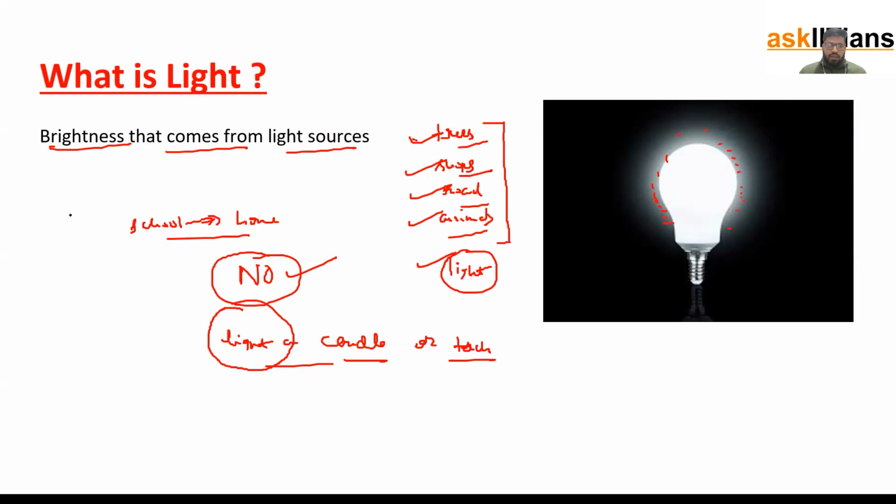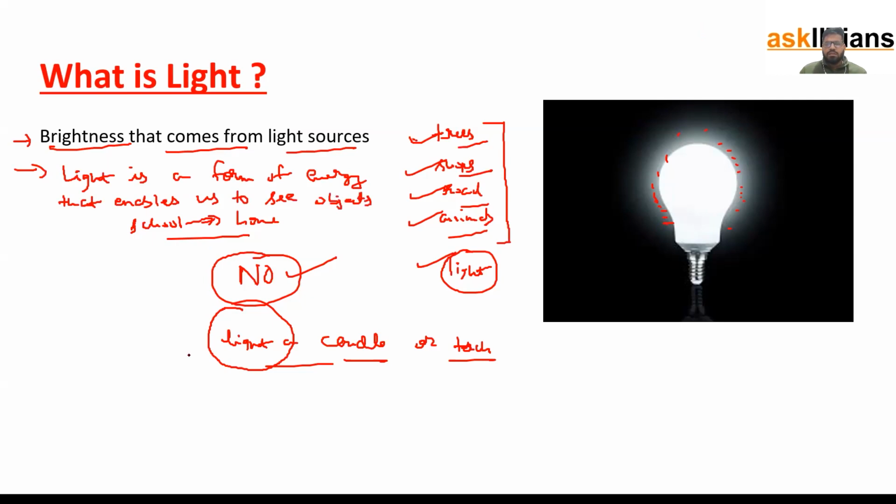But if I talk about technical terms, in technical terms light is a form of energy that enables us to see objects around us.